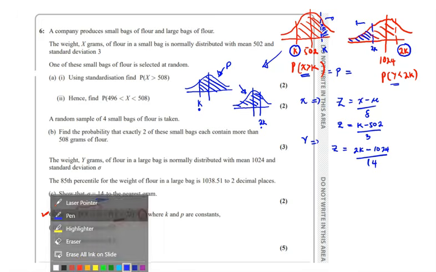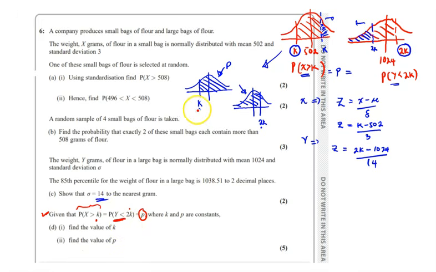But when you look at the diagram carefully, you see that this k will be on the left, so the z value is going to be negative, and this k is going to be on the other side, so the z value will be positive. But at the end of the day, they are equal.